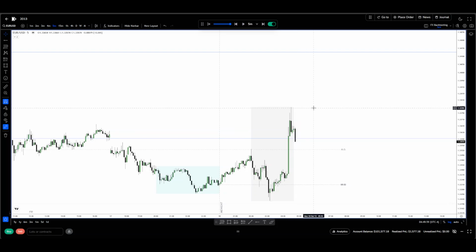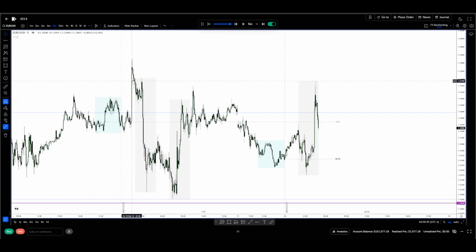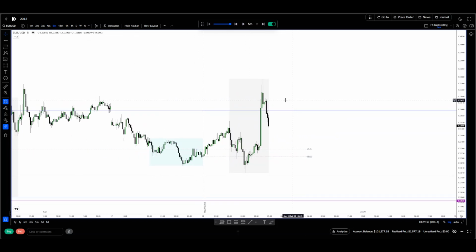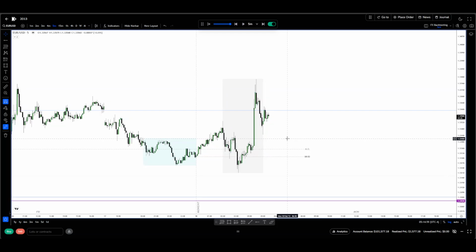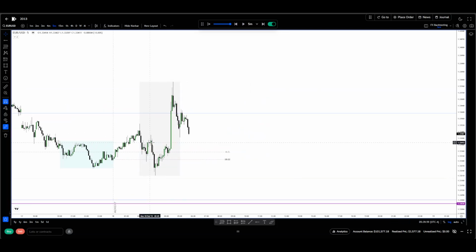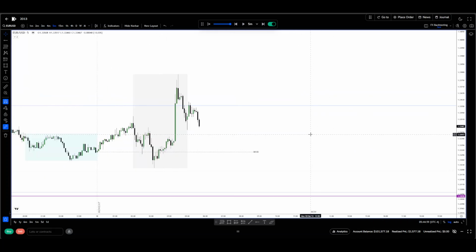5 minutes. See what it has done. Oh, okay. So it wants to take out maybe previous day high. That is Friday's previous day high. Wants to take out this high, closing back in the range with speed. So this was all a fake move. Or was it? So this is the 25% level, okay.